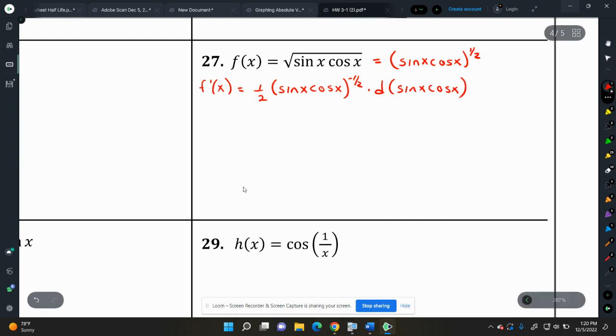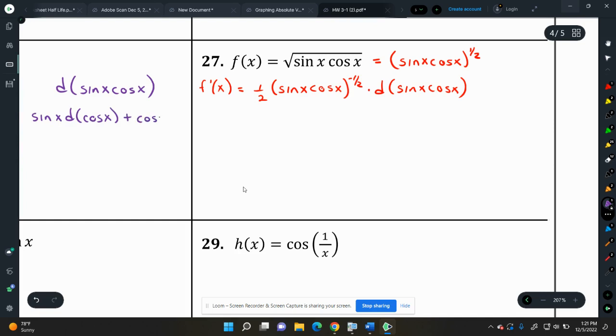Okay, outside, inside. So now I'm going to work off to the side to figure out the derivative of sine x cosine x, because this is a product rule. First times the derivative of the second plus the second times the derivative of the first.